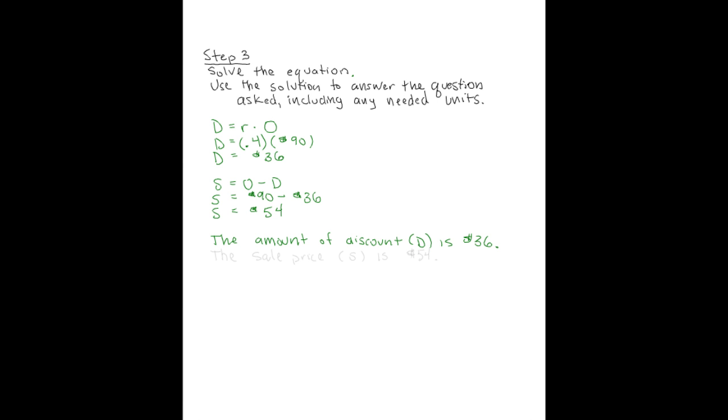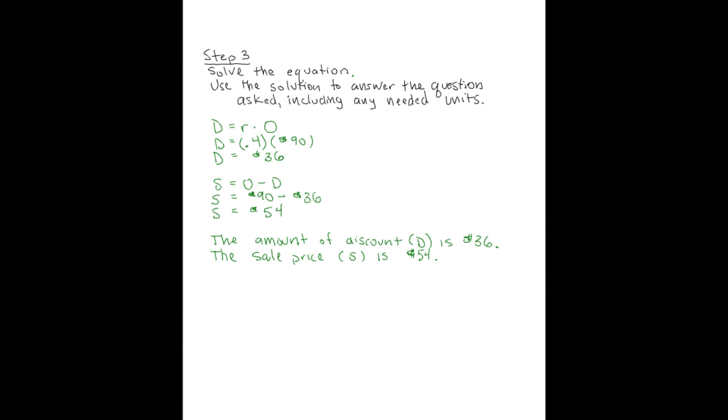Okay, dollars is the units for this problem. Alright, and then we solved an equation for S. S was defined as the sale price. So the sale price, which is S, is $54. Again, dollars is the units for this particular part.